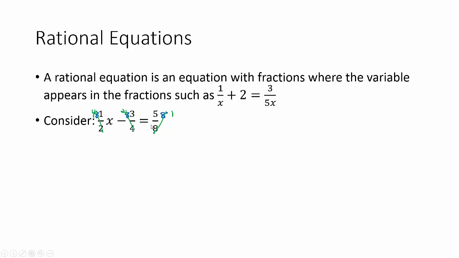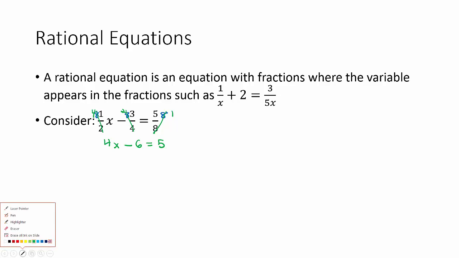And 8 over 8 reduces to 1. So now my equation reads 4 times 1x, or 4x, minus 2 times 3, or 6, equals 5 times 1, or 5.